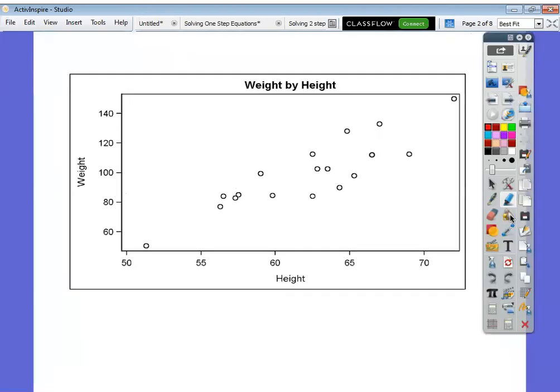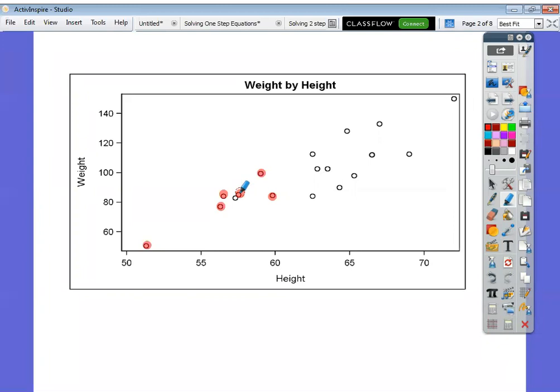This dot right here, that's Bob. And that's Jill and Joe and Jeannie and Jeremy and Jeremiah. All of those dots represent a person.